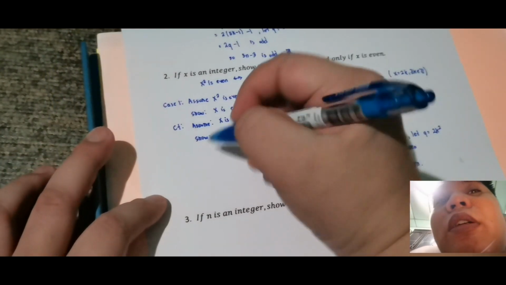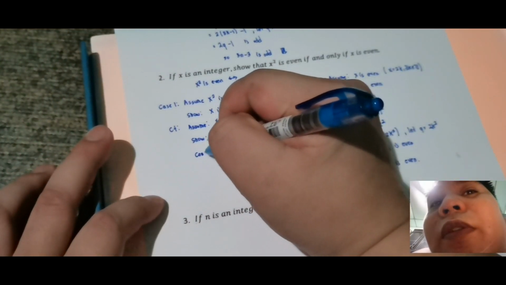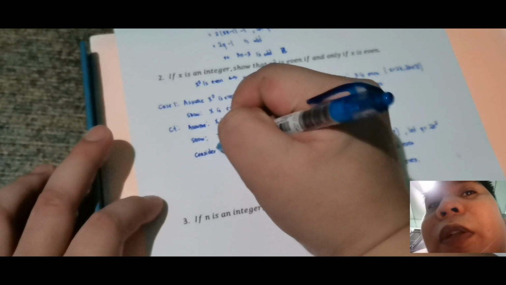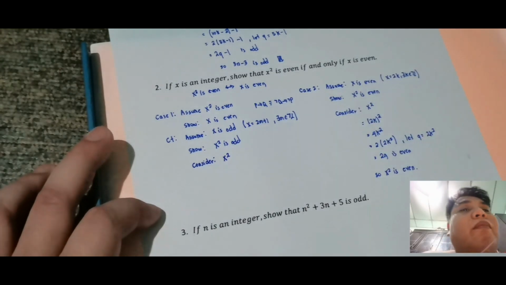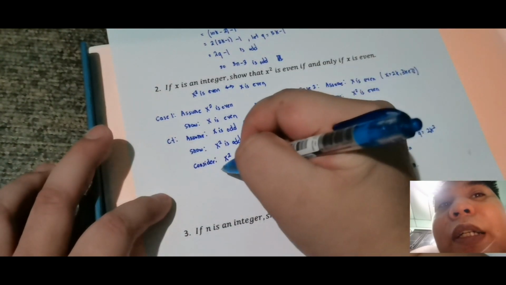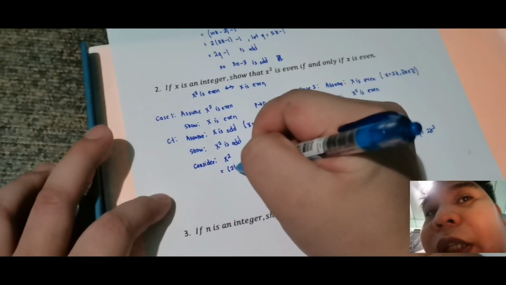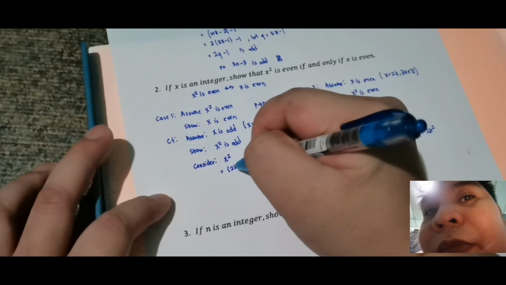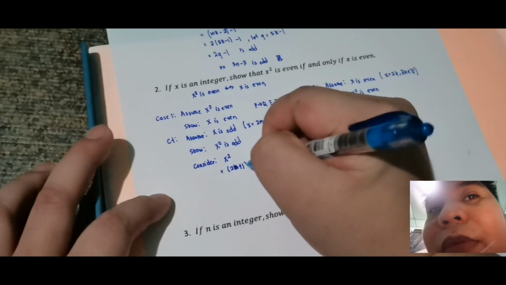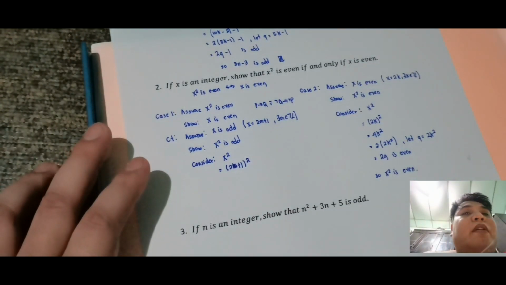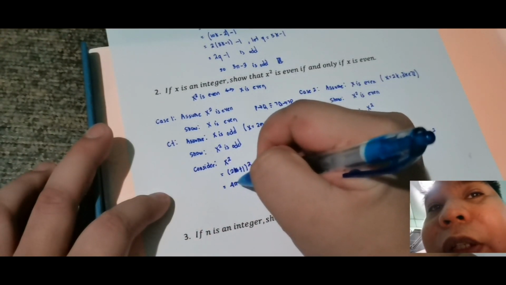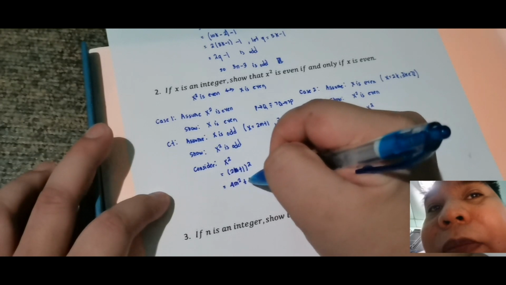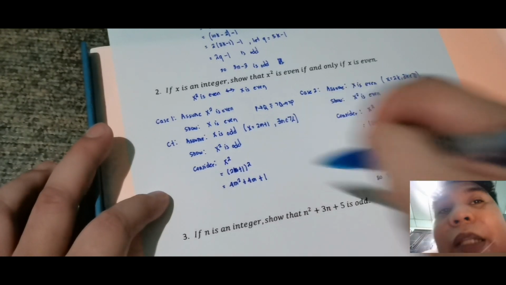So, let's consider x squared. That is equal to 2m plus 1 squared. And that is equal to 4m squared plus 4m plus 1.